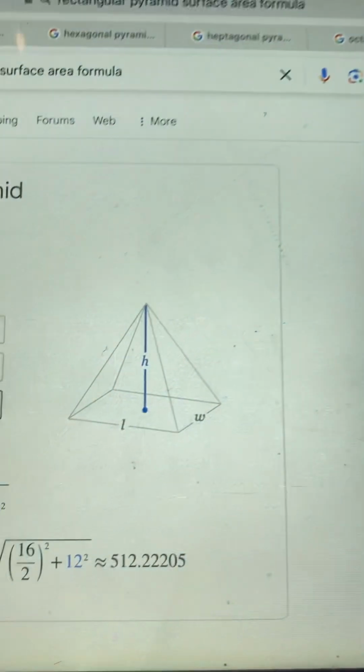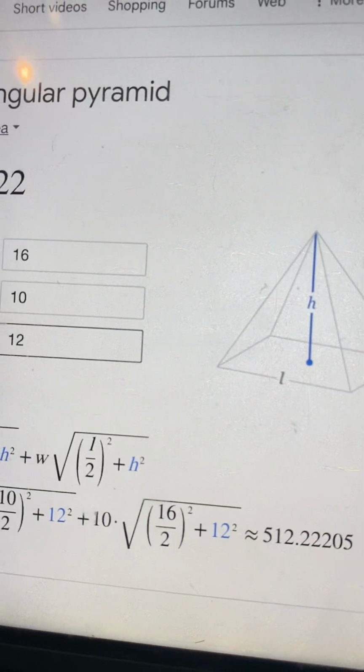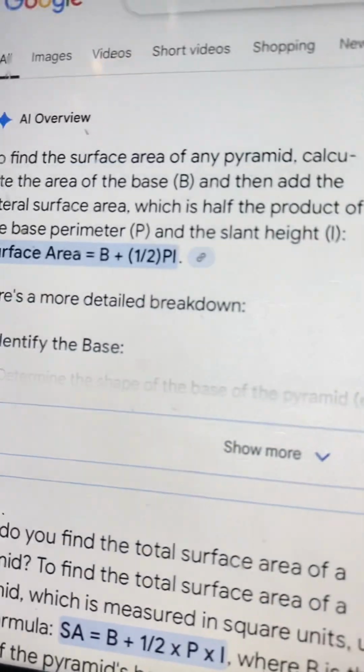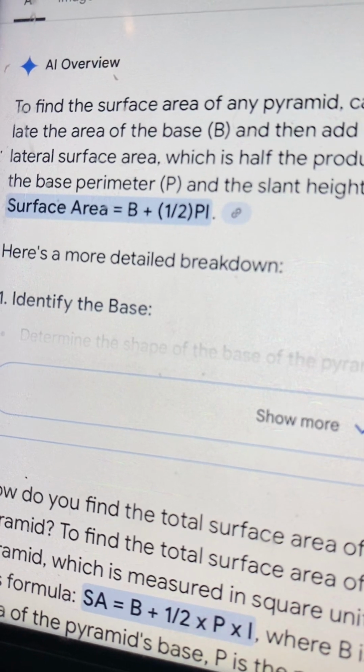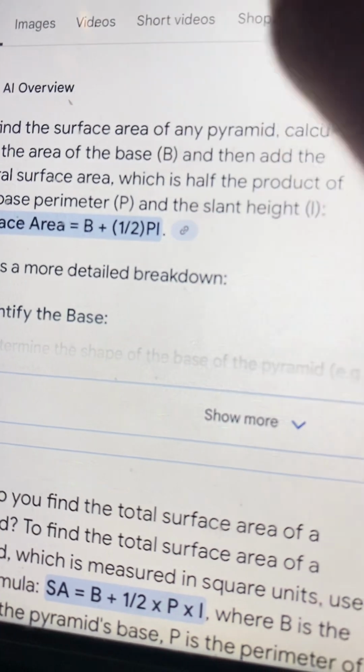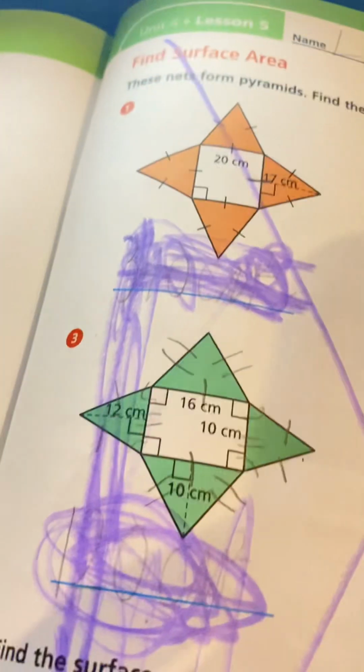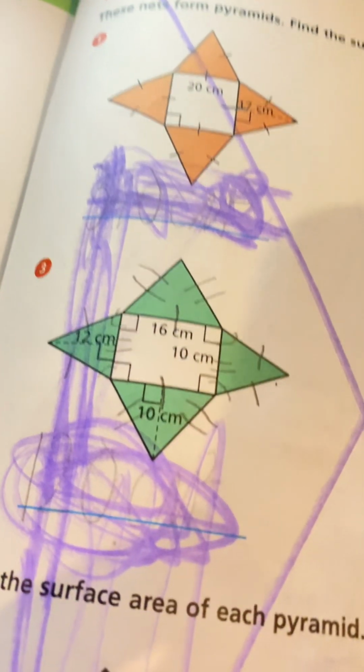We could do the same thing here, but it would be a lot more complicated. So the surface area of any pyramid is B plus 1/2 times PL. But for the net, we need to find the area of all the faces and add them all together. So for the rectangular pyramid net, we're going to do things a little differently.